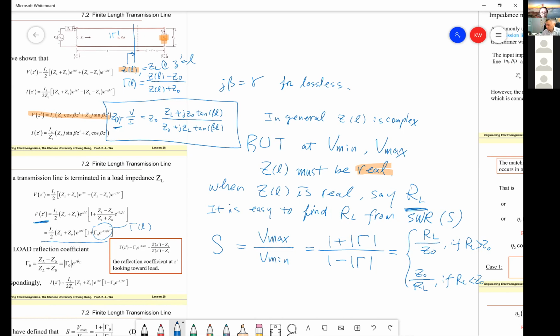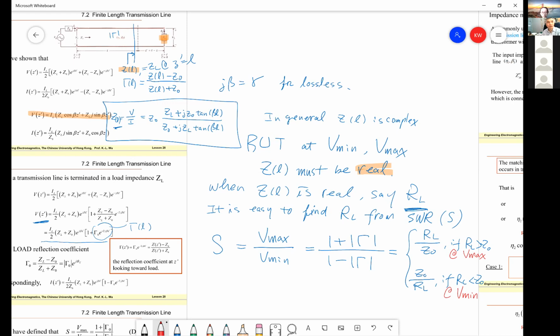So that means, when large, it is at voltage maximum. Then this is at voltage minimum. Is that clear?